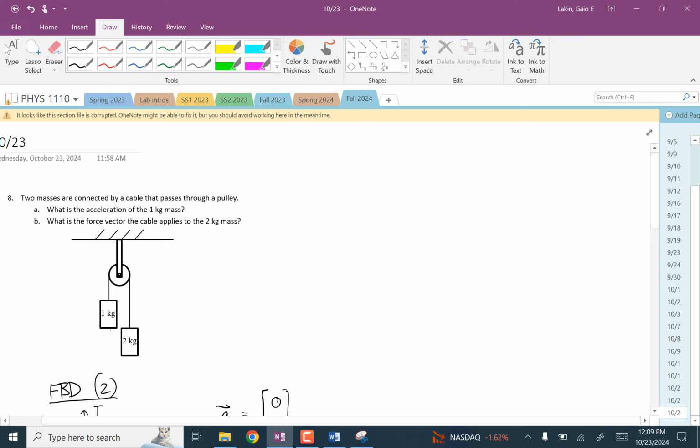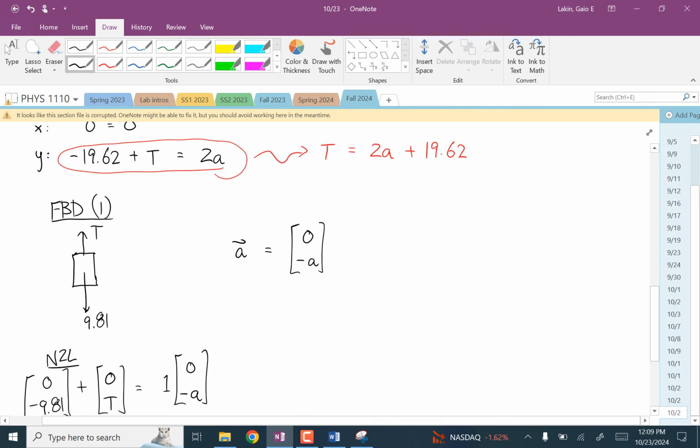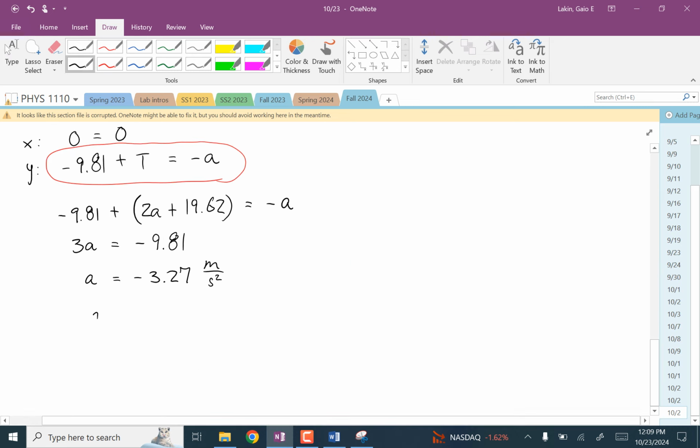So we're looking for the acceleration of the 1 kilogram mass. That's this one. So I'm going to plug negative 3.27 in for a here. And we get that the acceleration vector of 1 is equal to 0, negative of whatever a is.